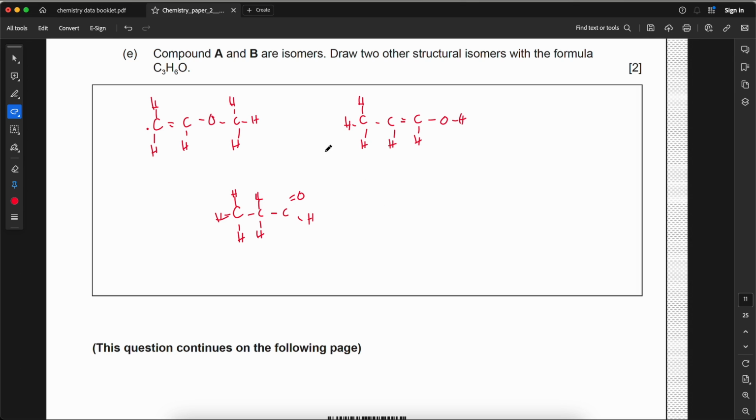Okay, so you can choose two of them. So one is ether and another one is the alcohol, and then the other one is the carboxylic acid. The key here, you need to have double bond and then O, and the number of C should be 3, and then H should be 6, and then it has to have one O.